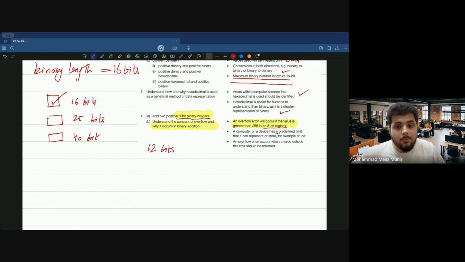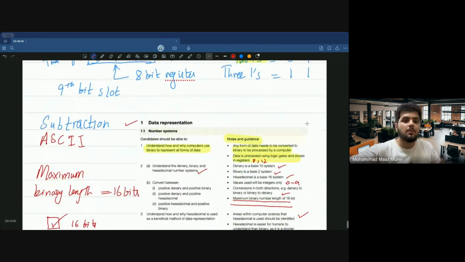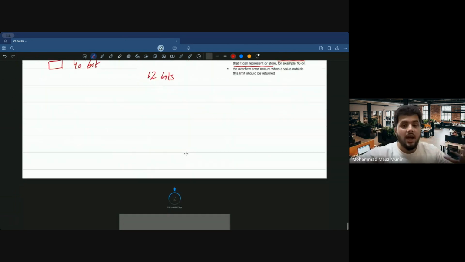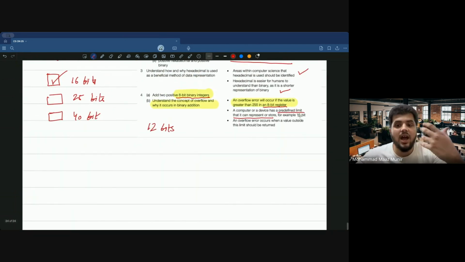Because our computer has a predefined limit that it can represent. In simple words, we have a limited number of slots in an 8-bit register, so we can only store 8 bits. We can't store a 9-bit value in an 8-bit register. For that, we might need a larger register. And if a value goes outside the limit, an overflow error occurs.